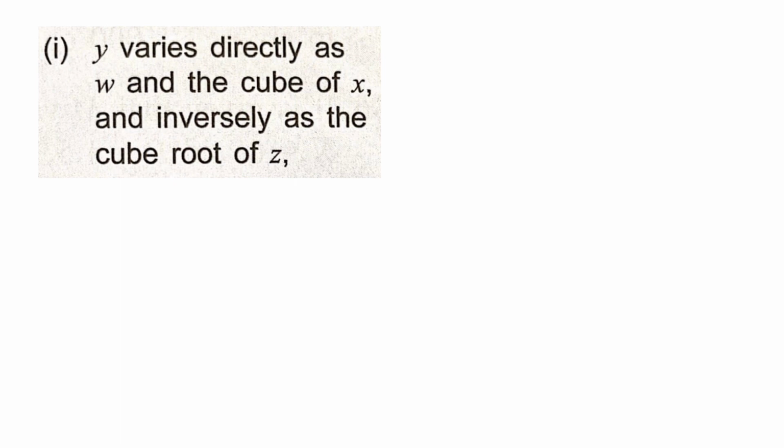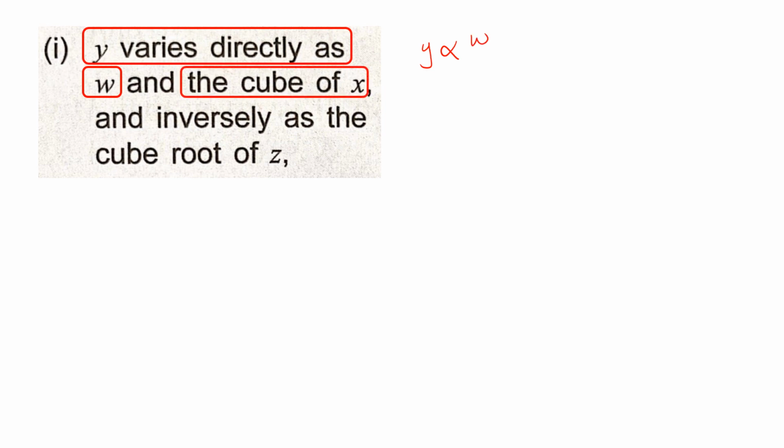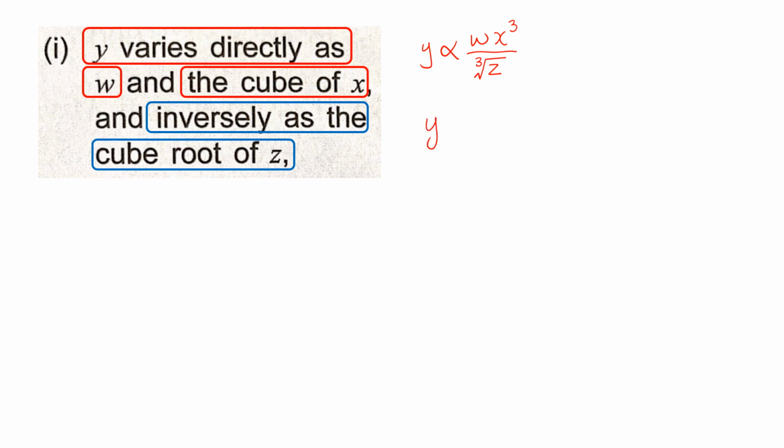The first example: Y varies directly as W and the cube of S, and inversely as the cube root of Z. So inversely, we have to write in the denominator the cube root of Z. And in the equation form, Y equals, so we just put a constant here, K, W S cubed over the cube root of Z.